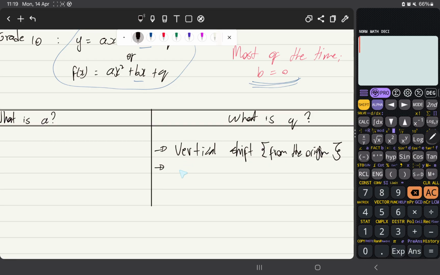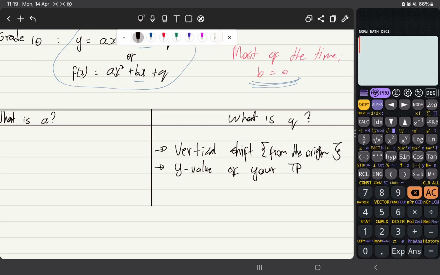It's the y value of your turning point, right? So I think these are the most important ones.